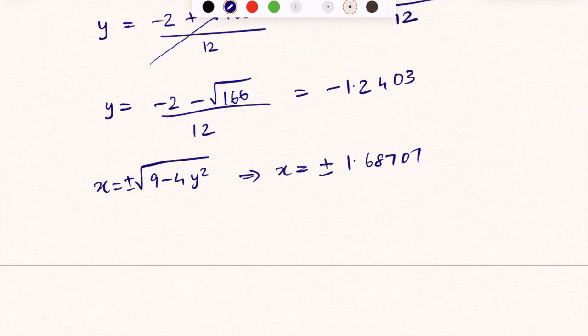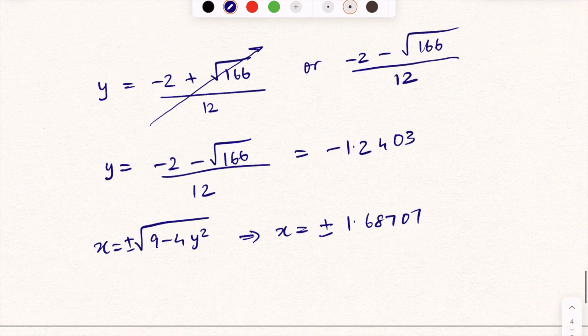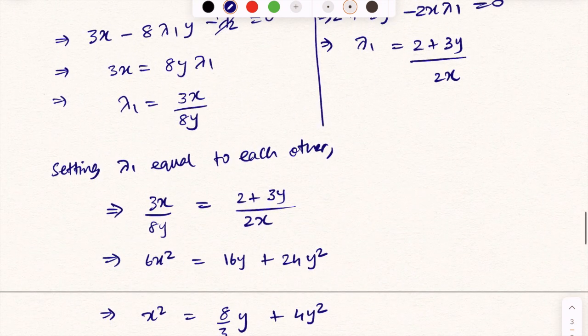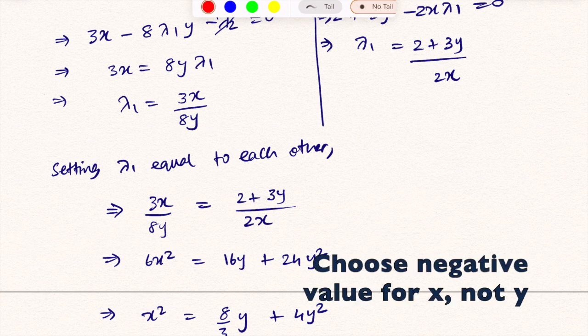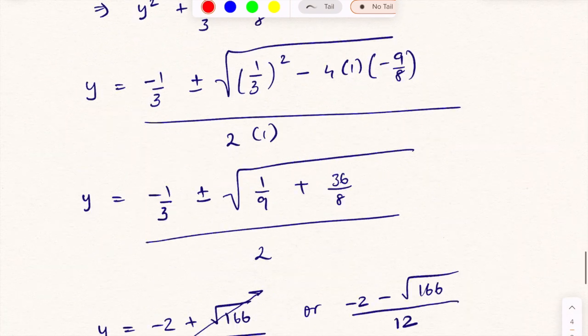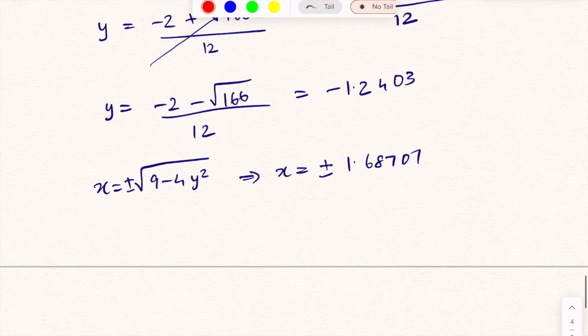And since we've chosen y equals minus 1.2403, and we've defined lambda 1 up here as 3x divided by 8y, we need to choose a negative value for x so that the negative signs can cancel out. Otherwise lambda 1 would be less than 0, which would violate the dual feasibility constraint again, and so that will make us choose the negative case.